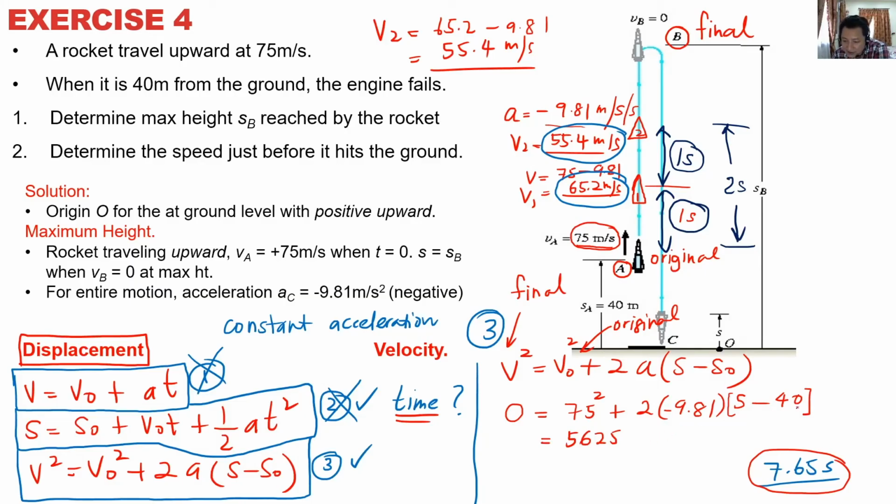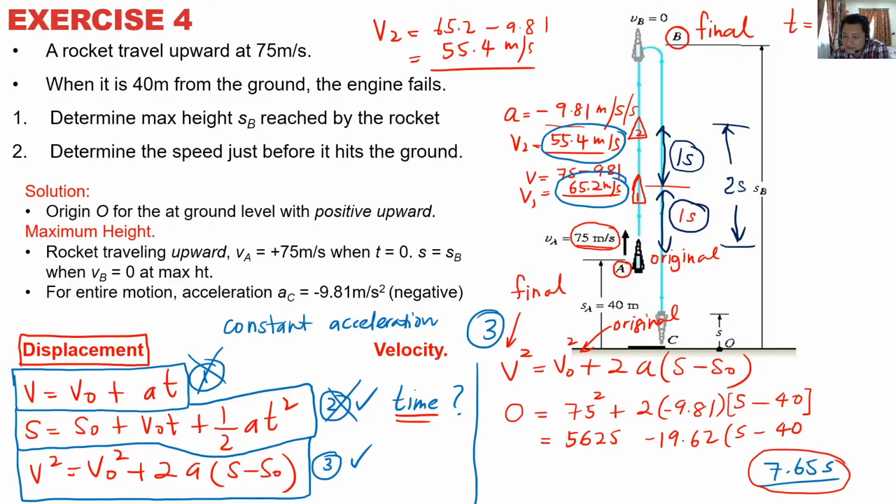S minus 40, don't know this one, plus 9.81 kali 2, 19.62. 19.62. But this one is a negative, careful. Kali dengan S tolak 40. 7.65 second, let me write down here.